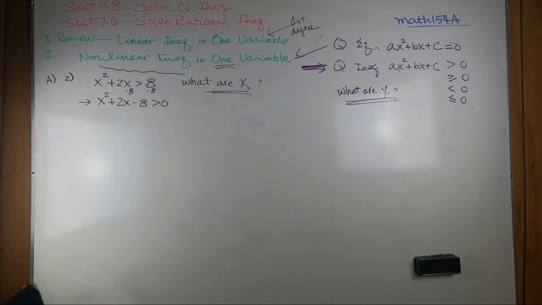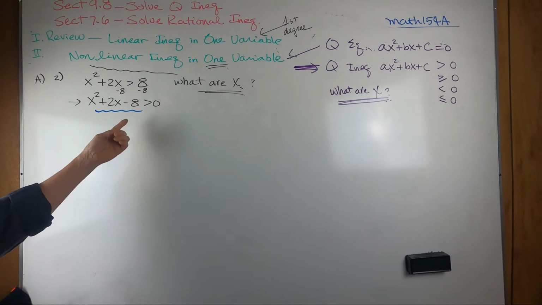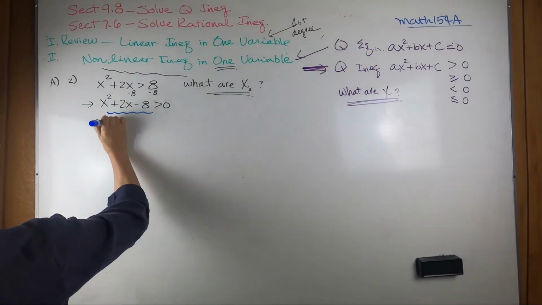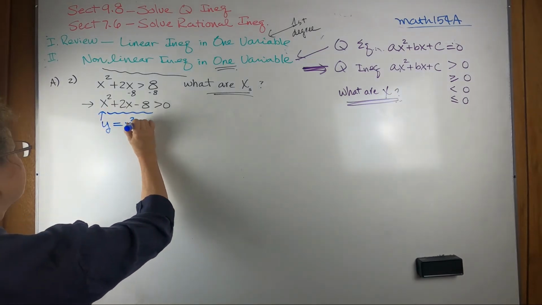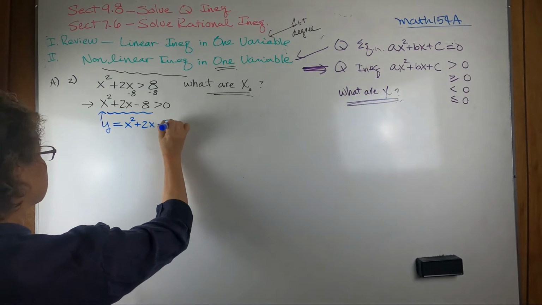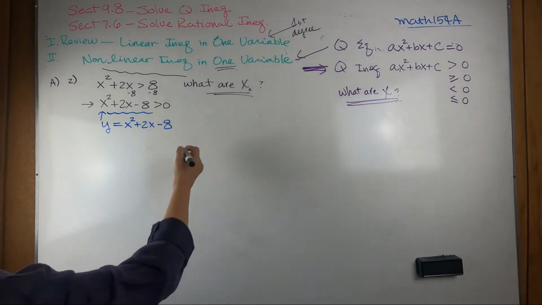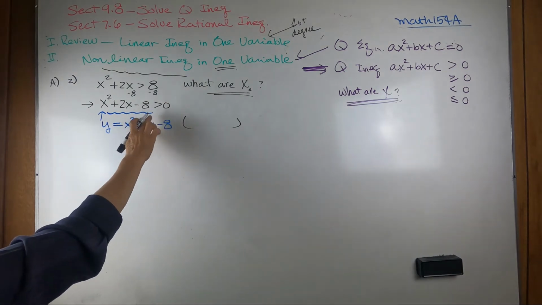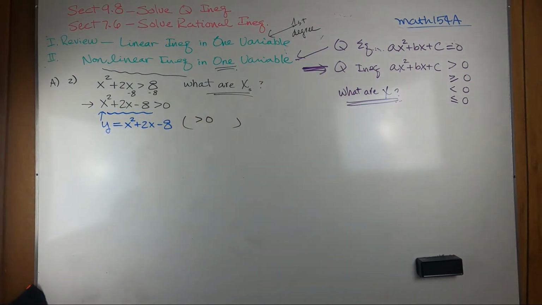Let's see, we do it this way. So this value has to be bigger than 0, right? So if I call this value y, I write it this way. Then this whole thing has to be bigger than 0, right?